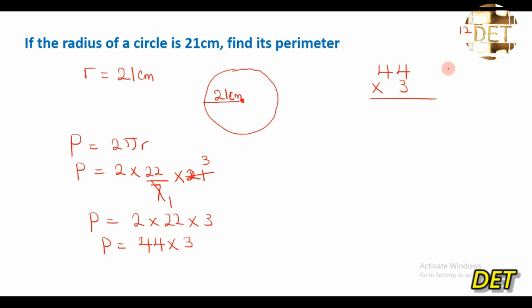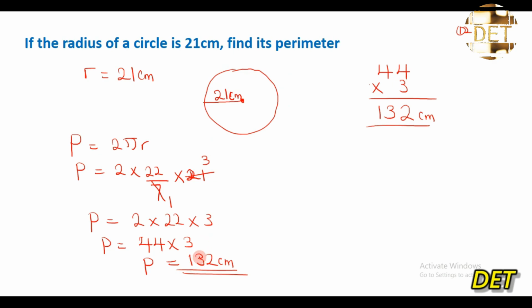So I will put down 2 and carry what? 1, right? So 3 times 4 will give me 12 plus the 1 I carried, which will give me 13. So this is 132 centimeters. So my perimeter will be equal to 132 centimeters. So what that tells you is that the distance around the circle is 132 centimeters.